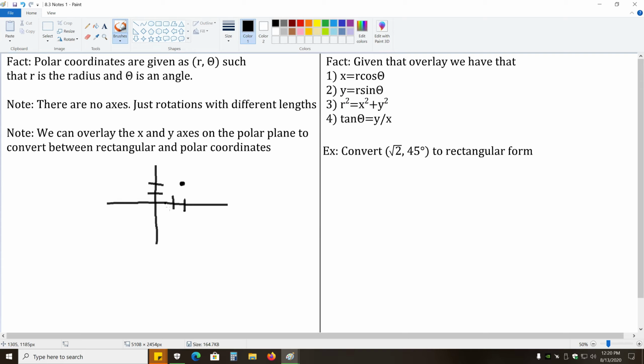Instead, we would say we have some length r from the origin, so not drawn like this, but just to be clear, we're drawing some distance away from the origin, which I'll go ahead and put in red. And then we would rotate it some angle theta.